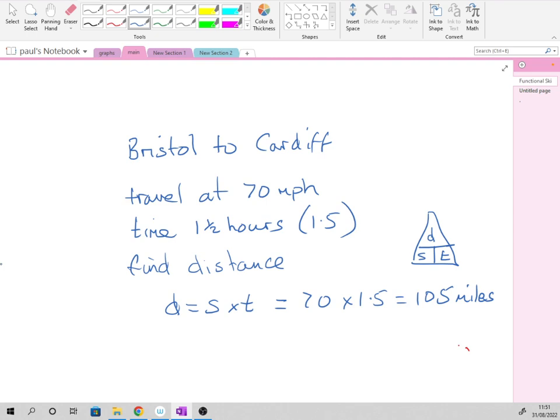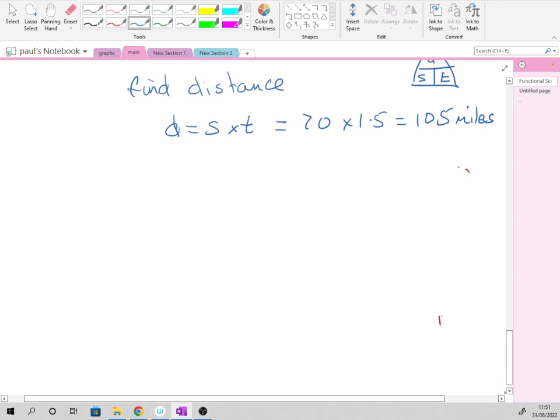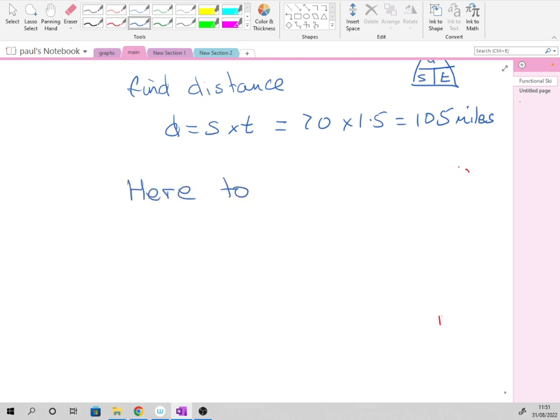So we can find the time, we can find the distance, and I guess we can find the speed for our third one before we look at some examples. So let's have a look. We're going from here to there. And the distance is 28 meters. What we're going to do, we'll find the speed.